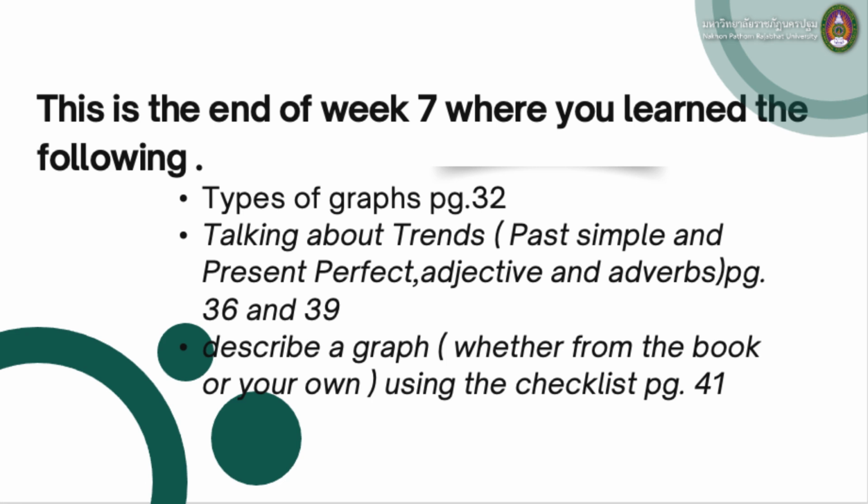We also described a graph, whether from the book or your own, using the checklist on page 41. I hope that you master the description of the graph and you already identify what types of graphs we have, all of them. Thank you so much for that. Let's proceed.